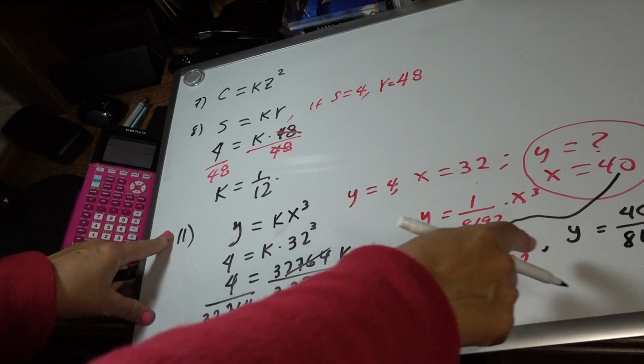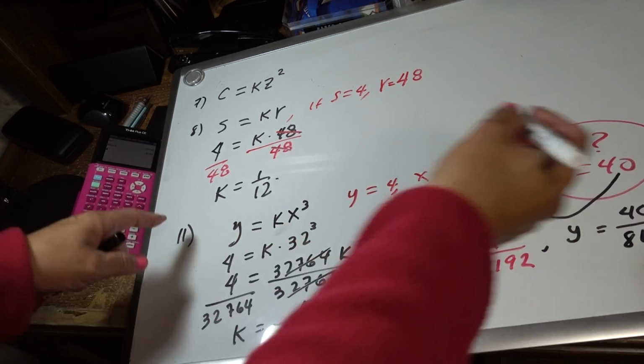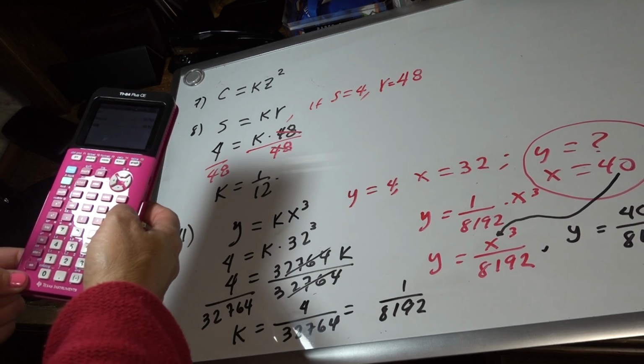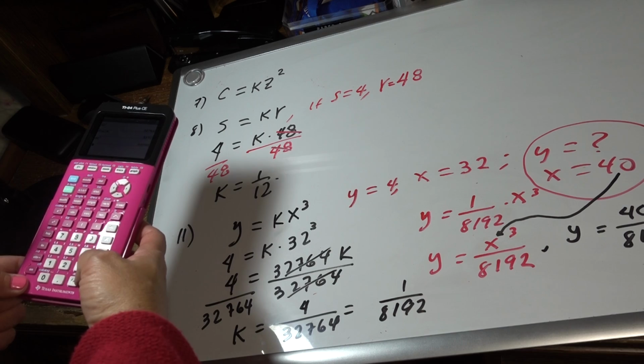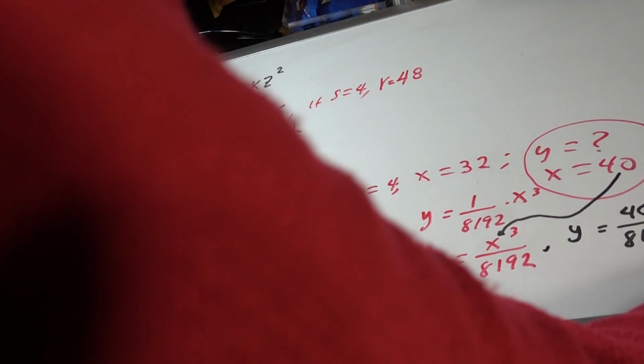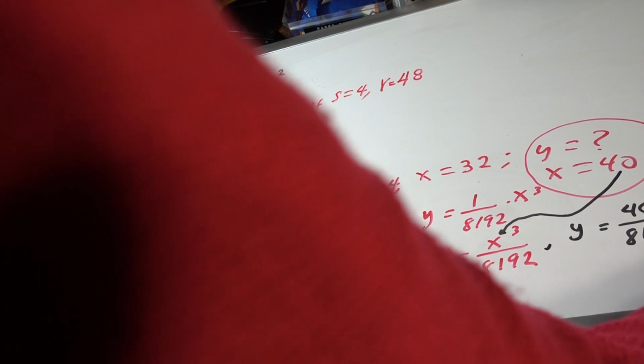So we find this value, 40 to the third power is 64,000 over 8,192.